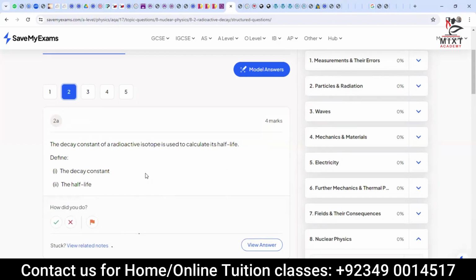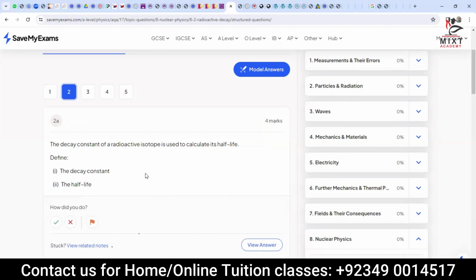Decay constant is activity, a total number of particles over the total time taken. Yeah, so the number of particles decayed per unit time. So the ratio between the number of particles decaying per second divided by the total number of particles.